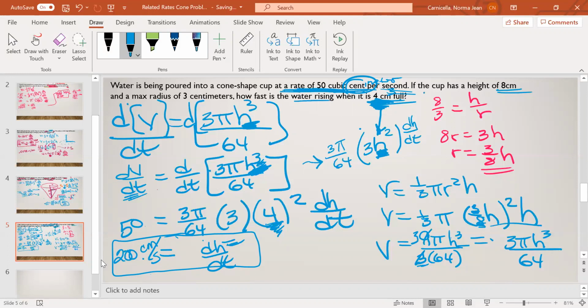But if not, you've got to use similar triangles, get it in terms of h, or they might ask about the radius and you'll go the other way. But you want to make sure that you only have one variable that you're plugging in before you take the derivative of everything.